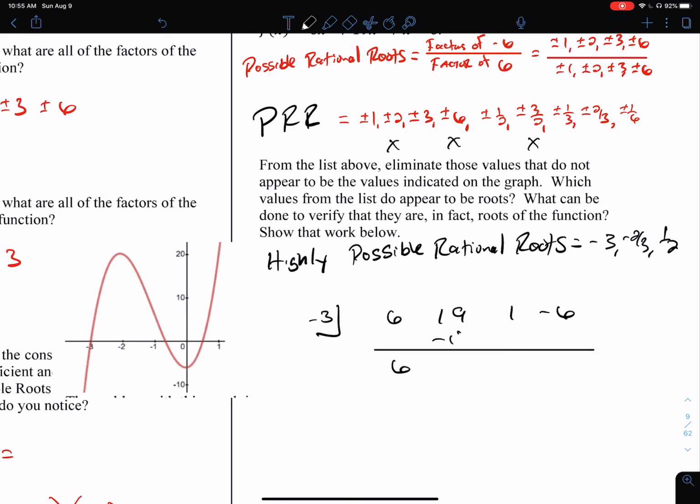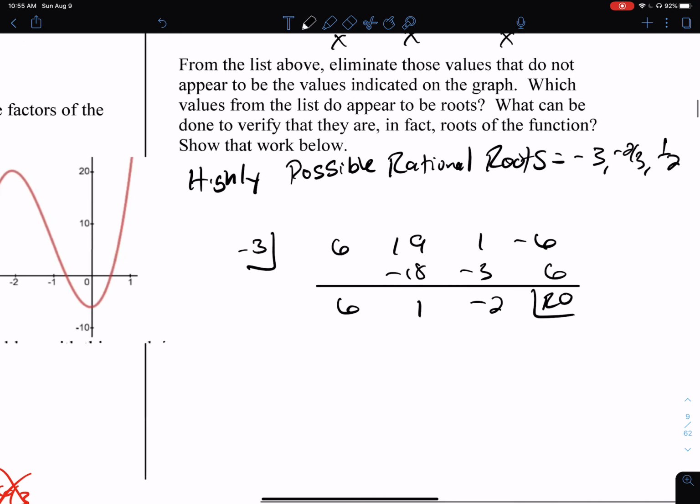If we do synthetic division, we have confirmed that -3 is a root. That is wonderful. Now we could then synthetically divide this by -2/3 and or 1/2 to see if they work as well. There'd be nothing wrong with that.